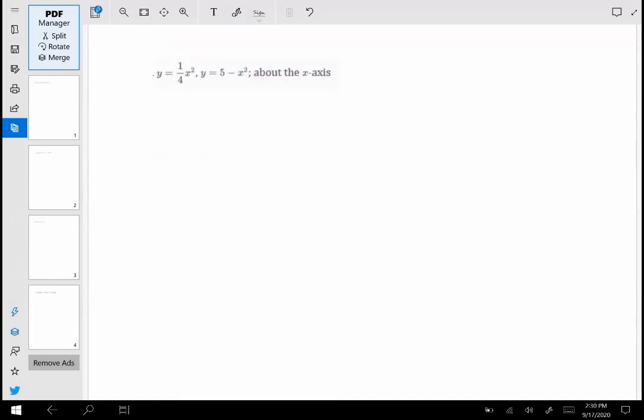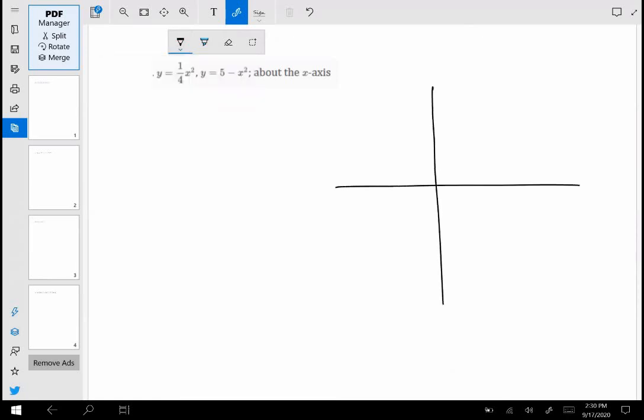So we want the region enclosed by these two graphs. Okay? And we're going to rotate that about the x-axis. So let's see, 1/4 x squared.